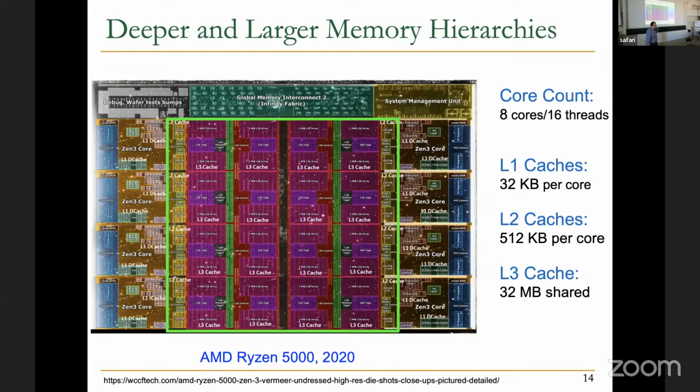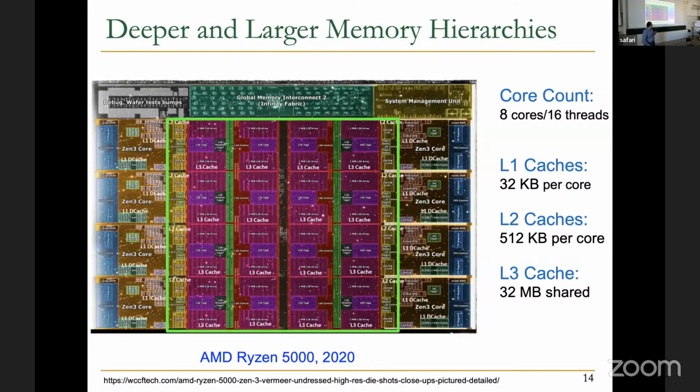Vendors try to alleviate this problem by deepening the hierarchy as much as possible, using larger caches. But unfortunately, we still have this problem. These solutions can be considered short-term solutions, but they are not necessarily sustainable.